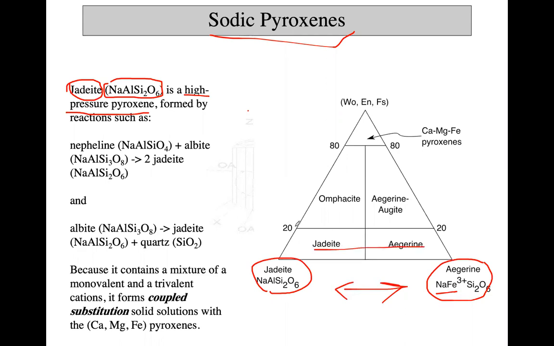So up to 20% maximum of the other components, but sodium and iron have predominant compositions, right? Because here sodium is 100%, here ferric is 100%, but some sodium is also there, right?